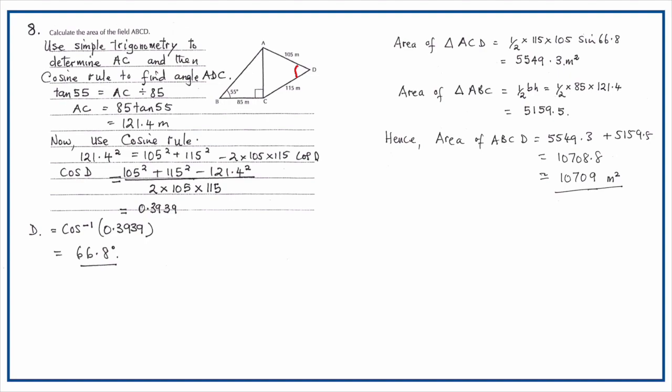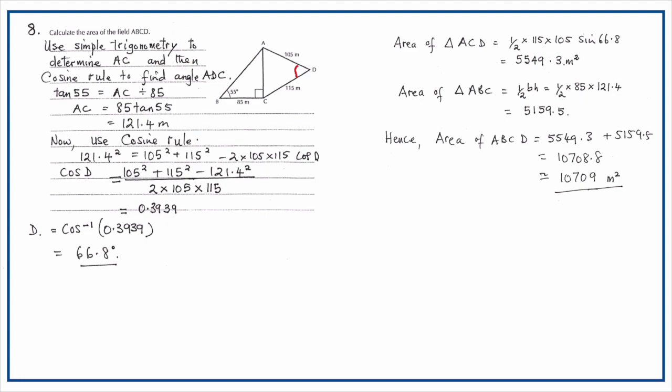So now let's work out the area of the triangle ACD, which equals half times 115 times 105 times sine 66.8, which equals 5549.3 meters squared.